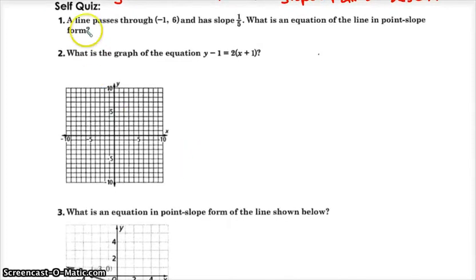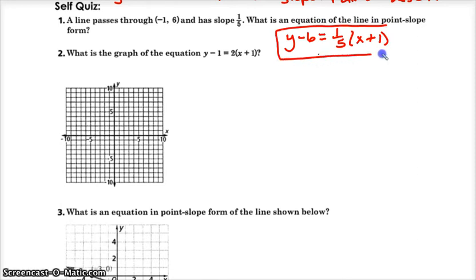All right, on the self-quiz, you're writing an equation in point-slope form. You're given a point and a slope, so your equation should be y minus 6 equals 1/5 times x plus 1. That's your final answer there. In the second question, you need to graph.